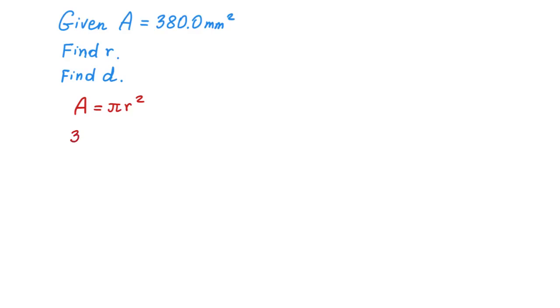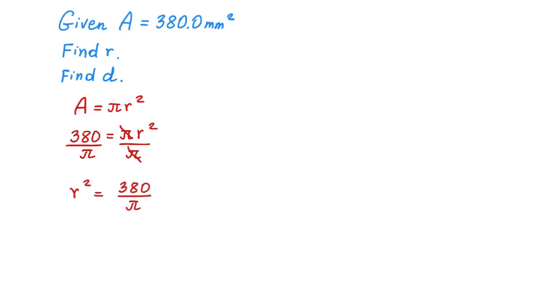So 380 equals pi r squared. Let's divide both sides by pi. On the right side, pi and pi will cancel. If it helps, we can write r squared on the left side and 380 over pi on the right side.